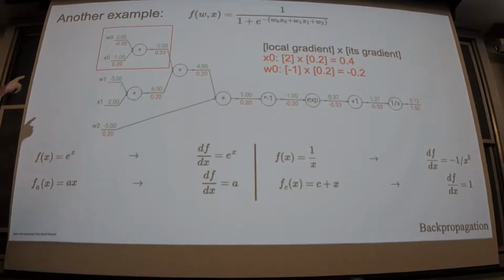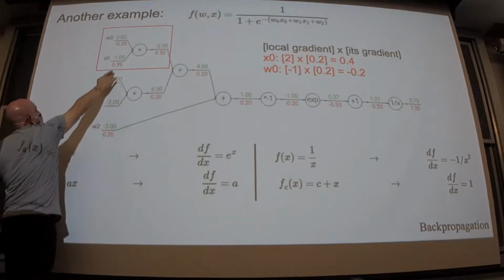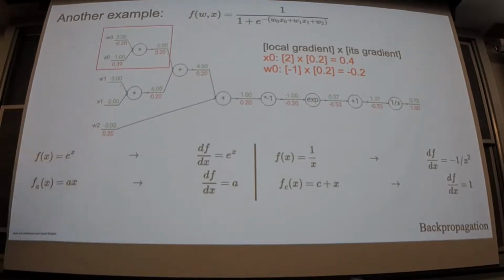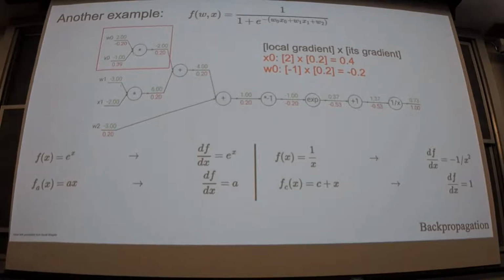And then the other way around, I have the partial with respect to X0. That gives me W2. It should be 2 times 0.2 is 0.4. But for some reason on this slide it says 0.39.